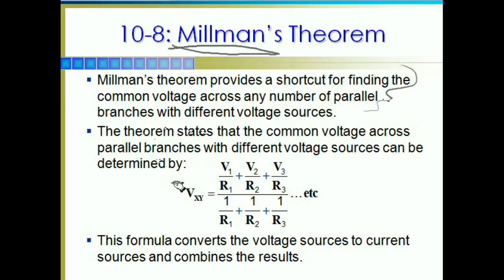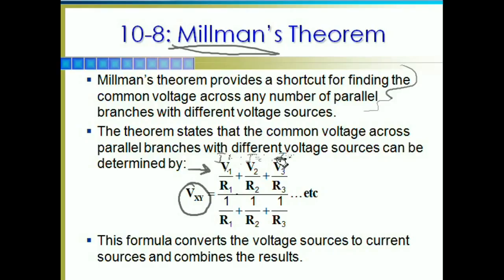And what it states is, for the voltage across any 2 points, we can look at the sum of the currents of each branch. Okay, V1 over R1, that should give me I1, right?